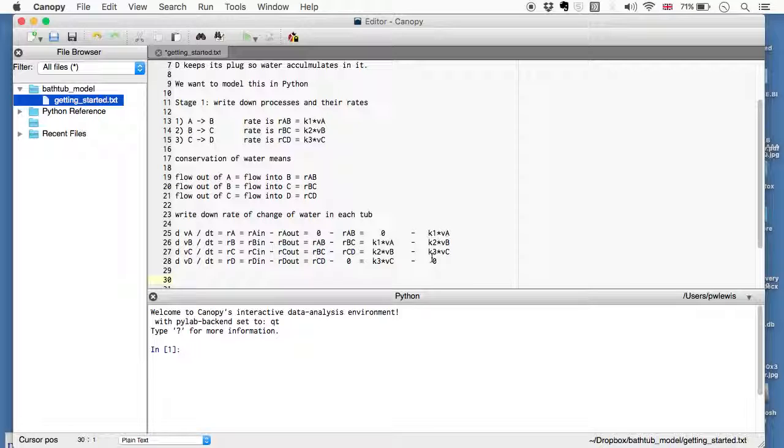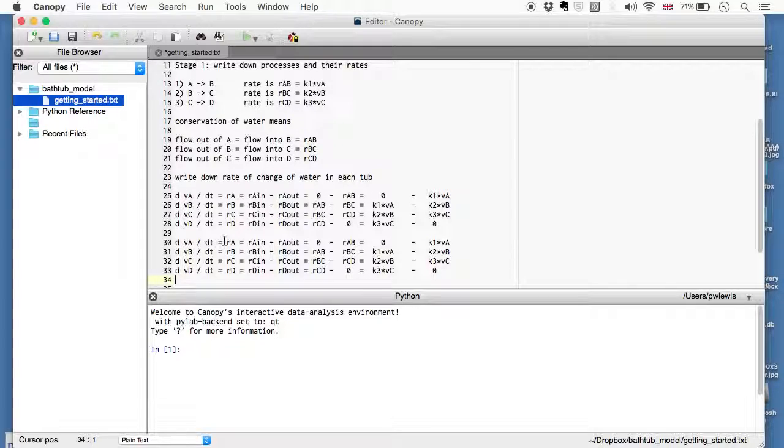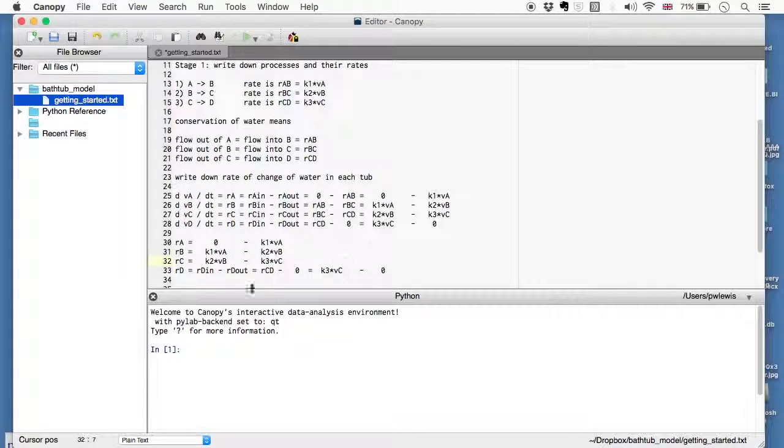So these are the equations that we're interested in, and in particular when we get to Python, I'm going to just keep the bits that we need to use in our code. So this is the rate of change of D. Let's only keep our final bit.